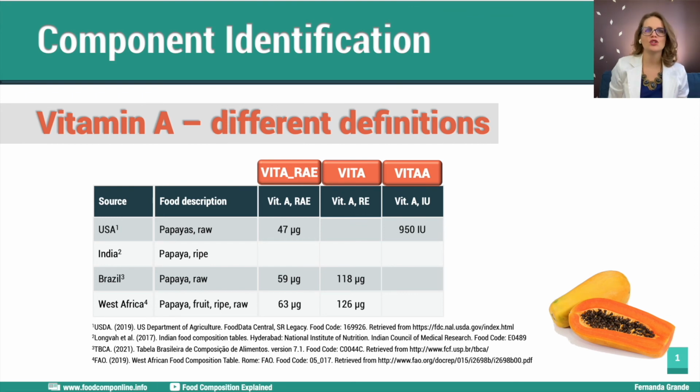So if we want to use the data from these 4 food composition tables, we need to check if we can standardize the components or if we will need to choose the food composition tables that present only the same definitions for the components that we want to use in our estimations.